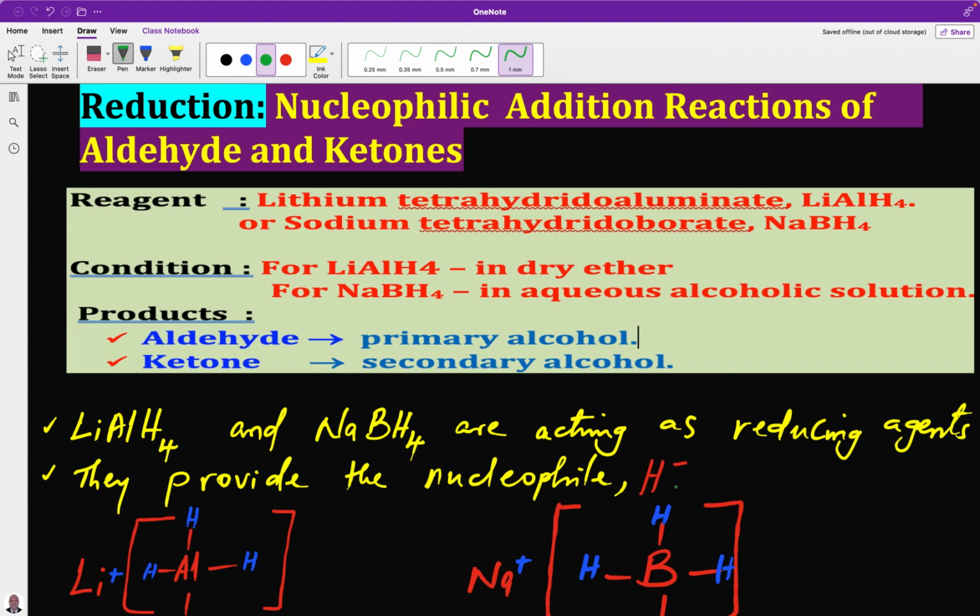And I said suitable reducing agents are, the first one, lithium tetrahydroaluminate, which is LiAlH4, and the second one is sodium tetrahydroborate in aqueous alcoholic solution.